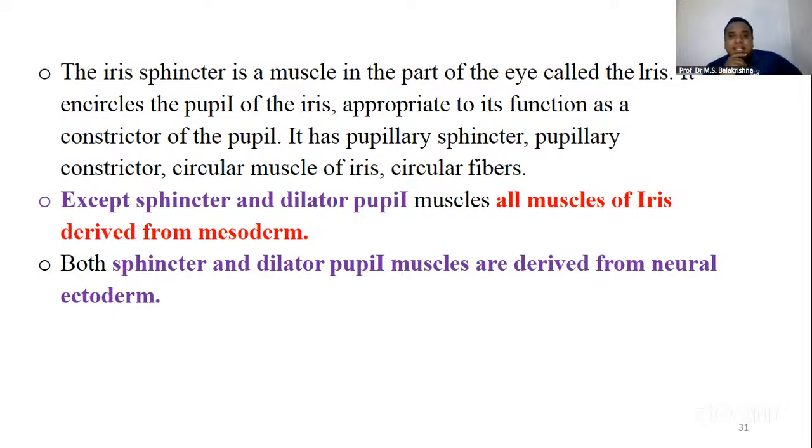The sphincter and dilator pupillae are derived from neural ectoderm, which is our question. Please learn this: two muscles from neural ectoderm, and all others from mesoderm.